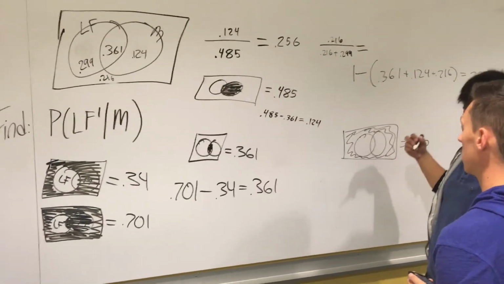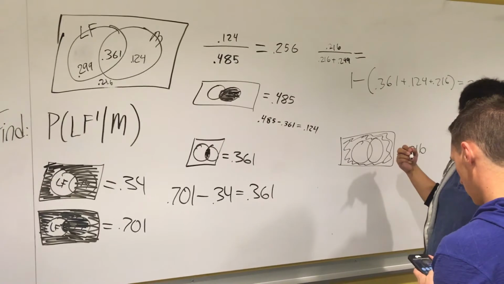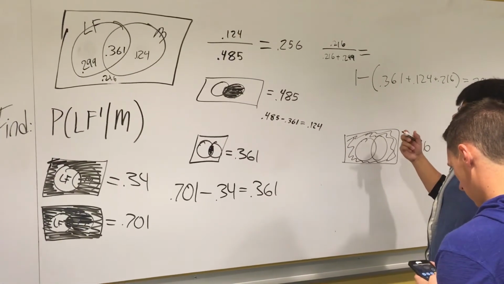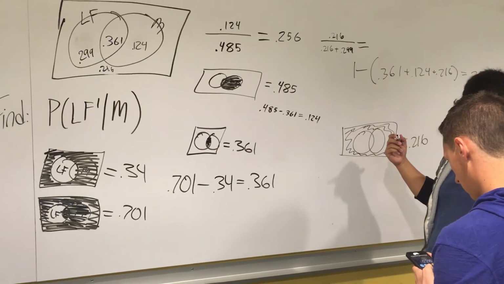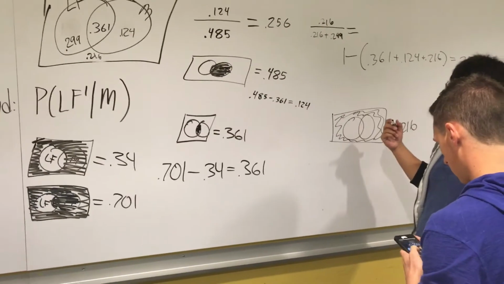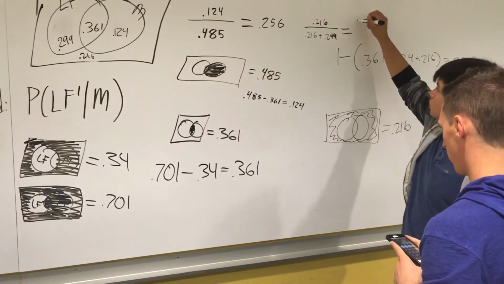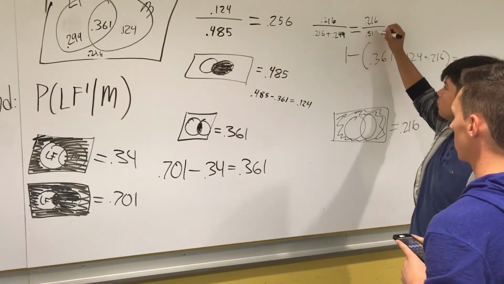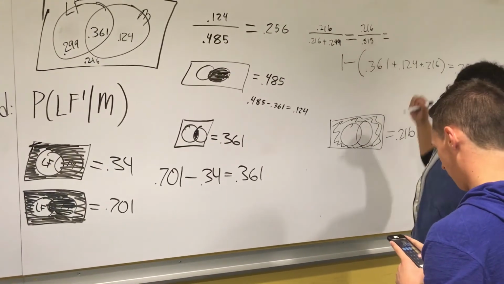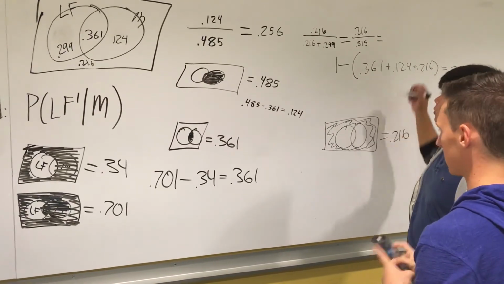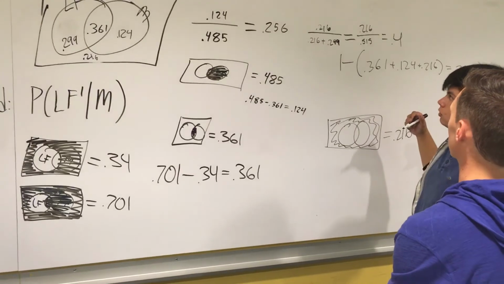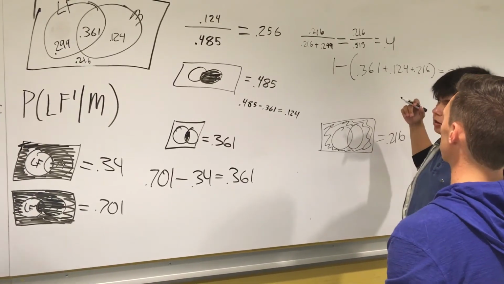That seems weird. Yeah, 0.515. So 0.216 over 0.515, that makes sense to me.